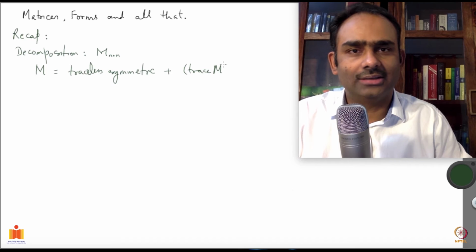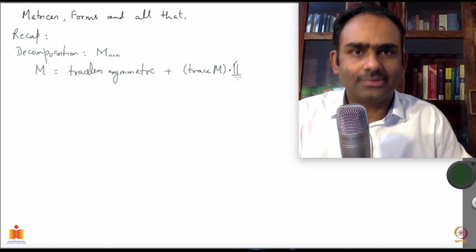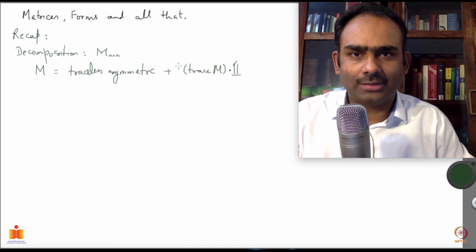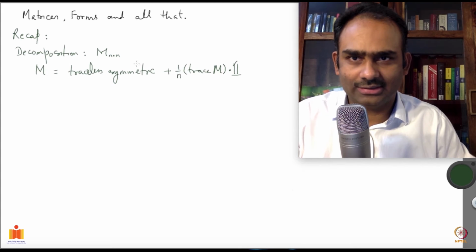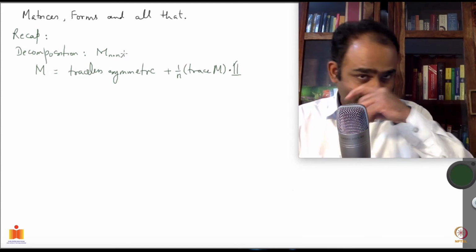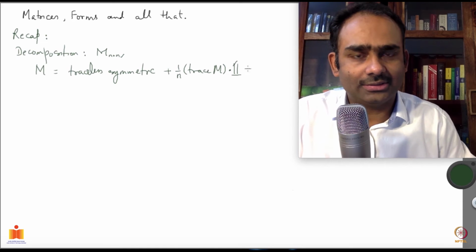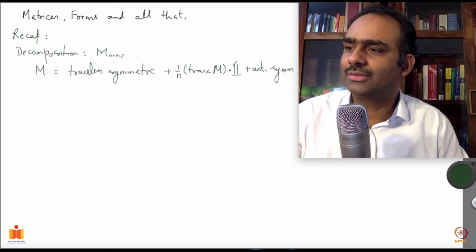You just add the entries which are present on the diagonal, times the identity matrix, and we had to divide by n, where n is the dimension of the matrix, plus an antisymmetric part. Okay, this we can do.